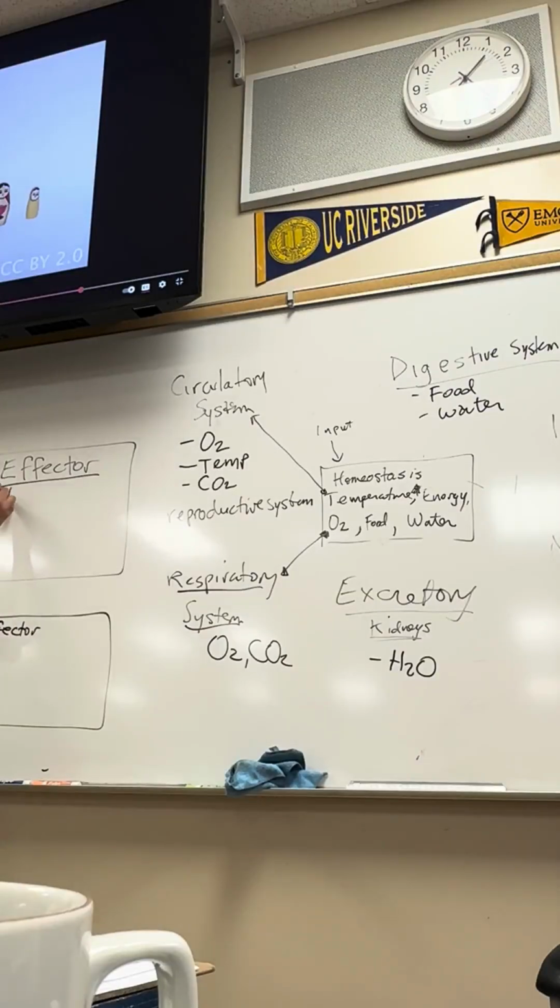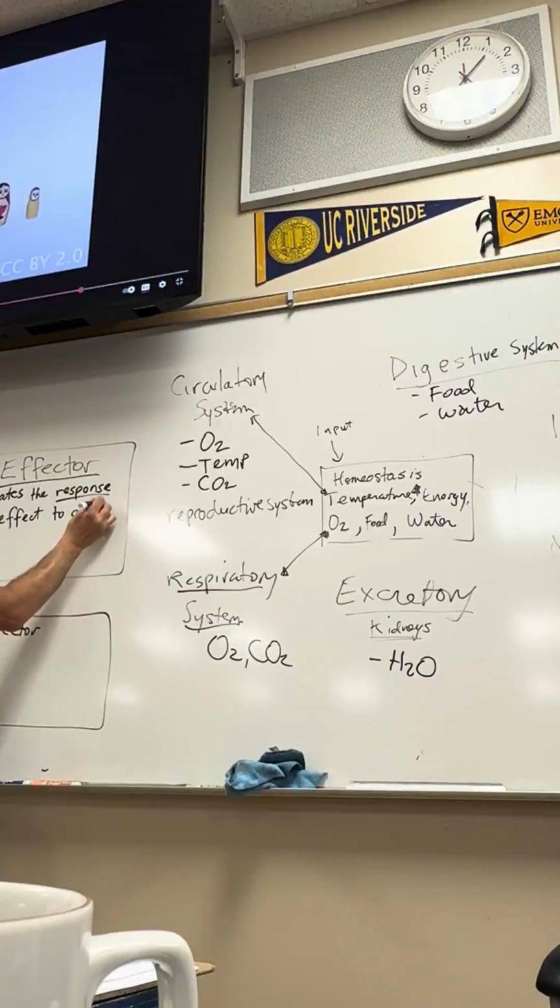Creates the response or effect, kind of the same thing, response or effect, to counter the stimulus. Okay, that's the effector. Oh, and the arrow goes from control to effector. So these are the steps, right?